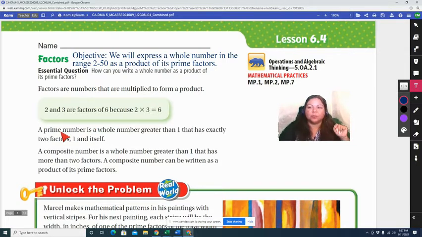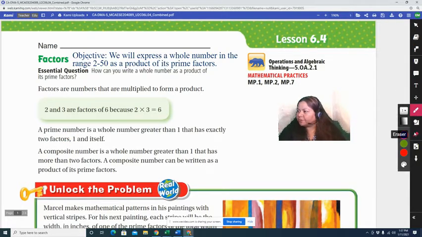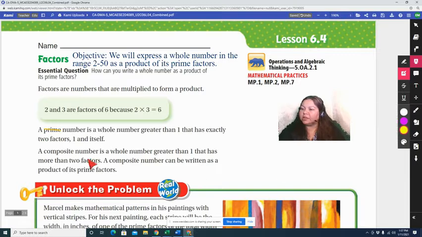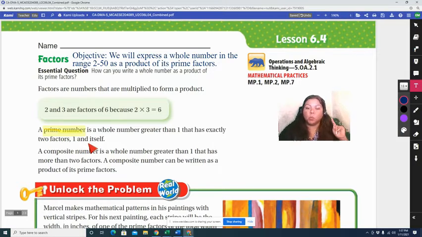Now let's look at what prime number is. A prime number, so this is where you might want to highlight this in your book. Okay, so a prime number is a whole number greater than 1 that has exactly 2 factors, 1 and itself.